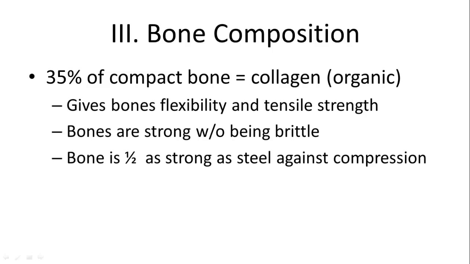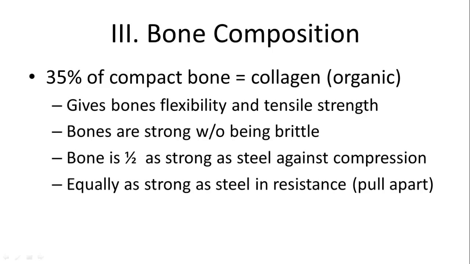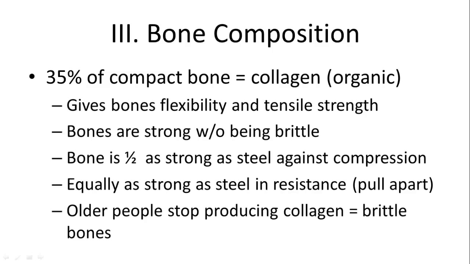Bone is half as strong as steel against compression and equally strong as steel in resistance to being pulled apart. Older people generally stop producing collagen at the same rate as younger people, and so their bones will become brittle. They may also have problems with salts, calcium and phosphorus absorption.